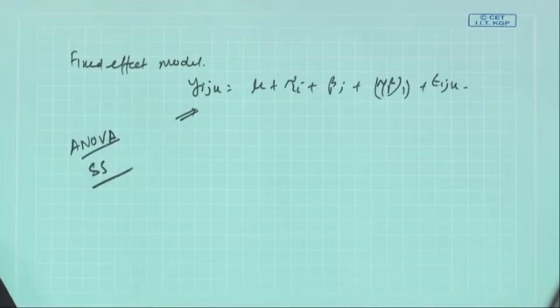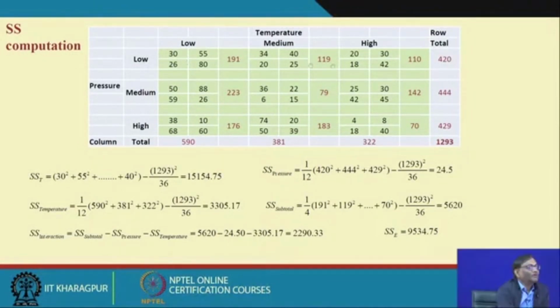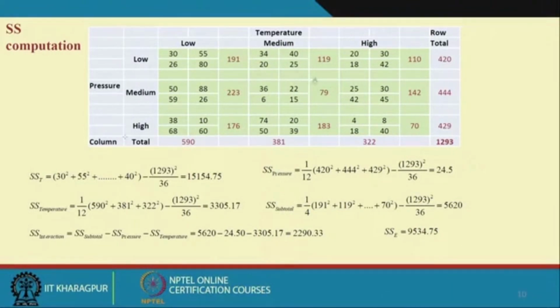What are the things we require for computation? We first require row totals. With reference to pressure low, the row total is 420. With reference to pressure medium, the row total is 440. With reference to pressure high, the row total is 429. There are 3 rows because pressure has 3 levels. Similarly, there will be 3 columns because temperature has 3 levels.